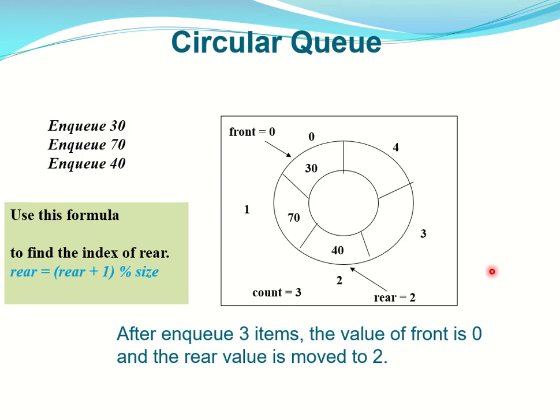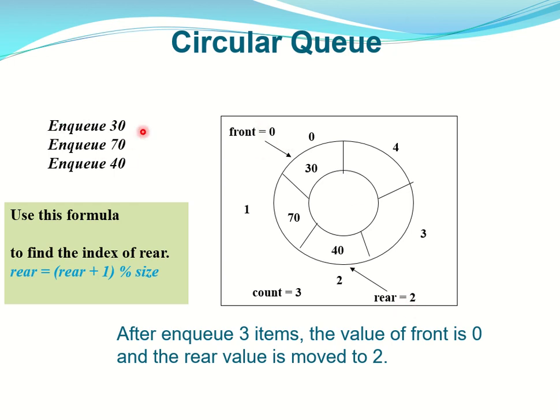Now, how are you going to know the front and rear position if you don't have the diagram? You can just use the formula. Let's say you want to enqueue 30, 70 and 40. Now we have rear as 2, front at 0. The formula is rear plus 1 mod size.